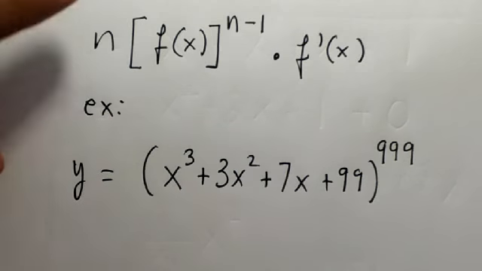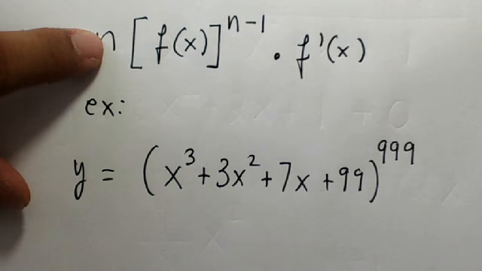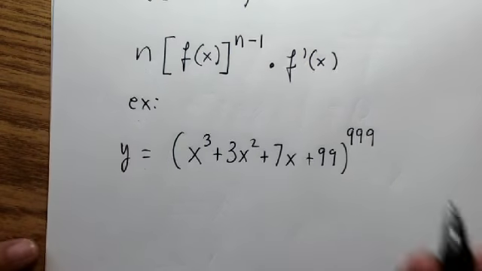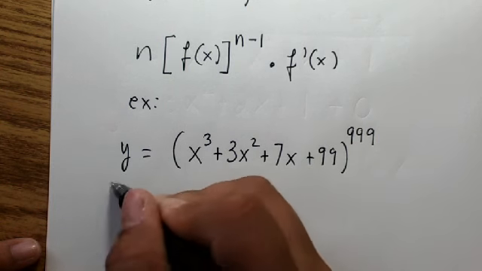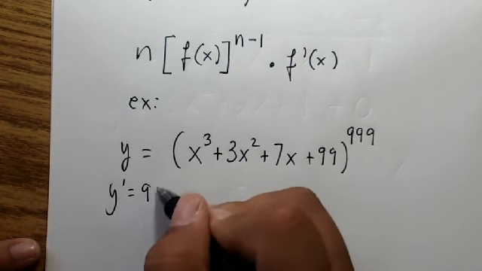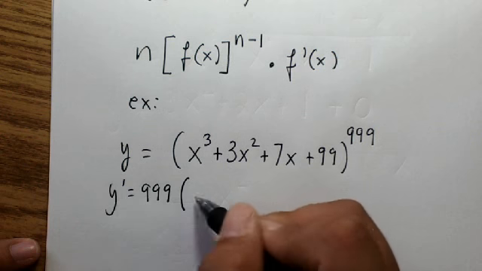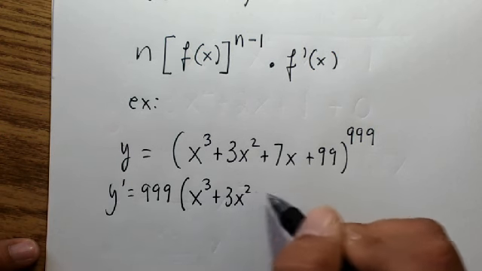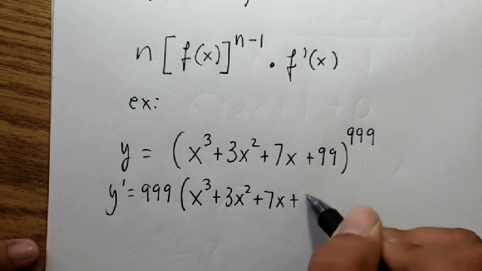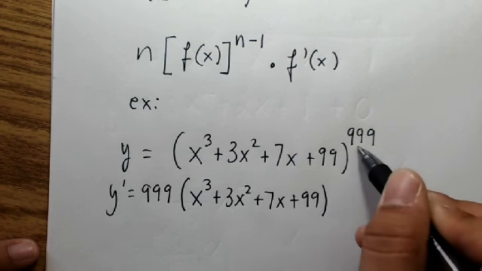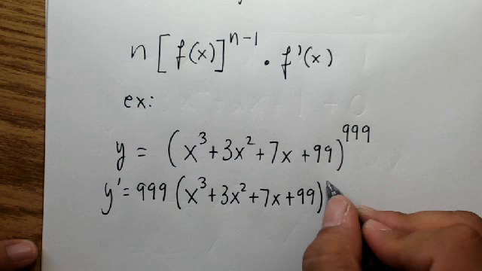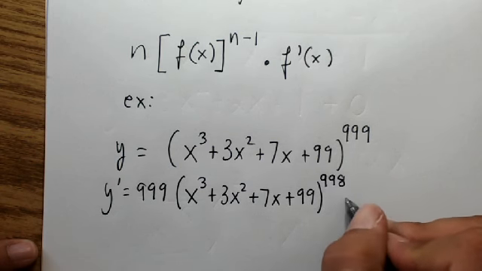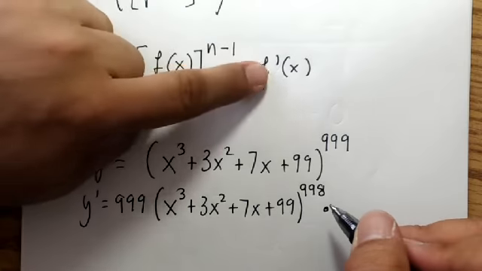That's what this chain rule extension is for, the one that's given on your notes. According to the chain rule extension, you bring the 999 down, and then you leave the inside alone. Then you subtract 1 from 999, which is what? 998.